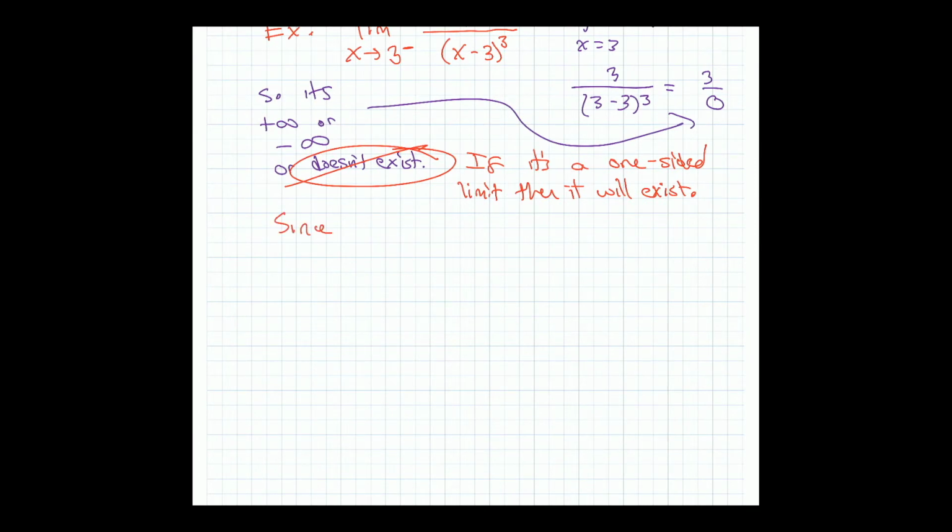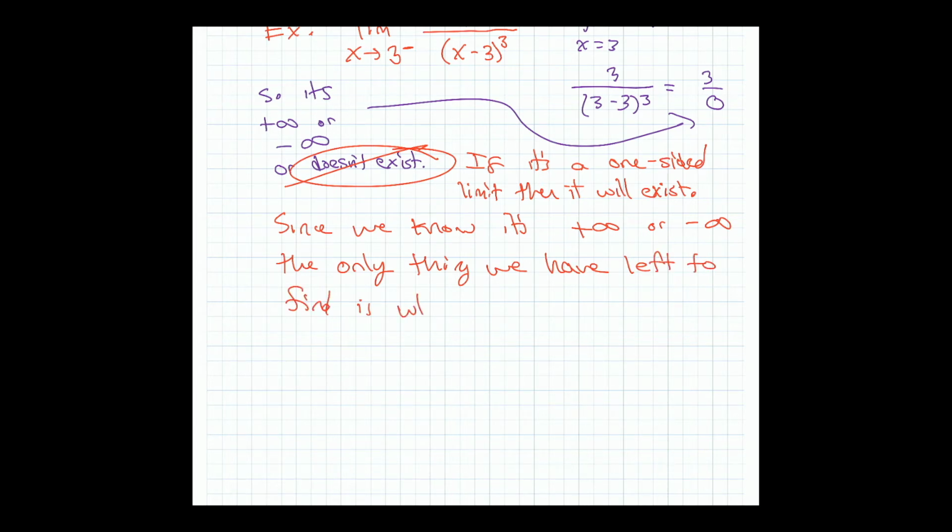The only thing we have left to find is whether it's plus or minus, because it's either plus or minus infinity, we just don't know which.